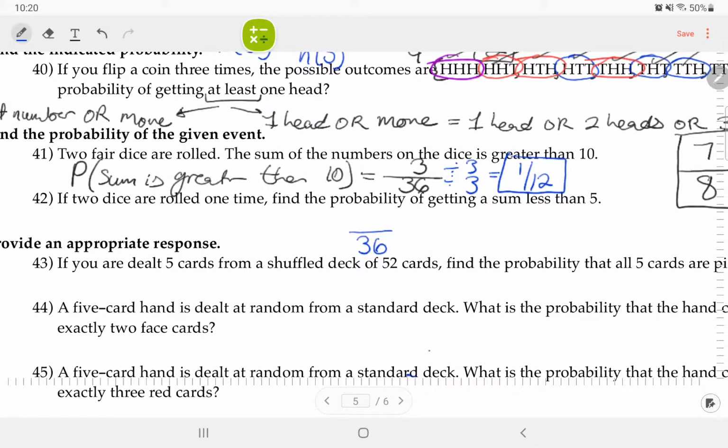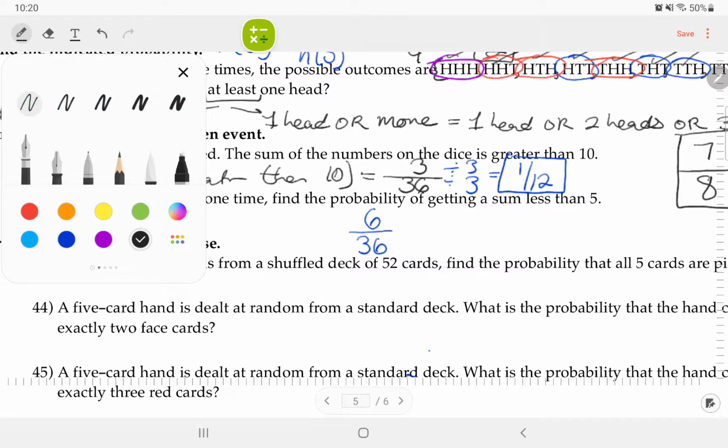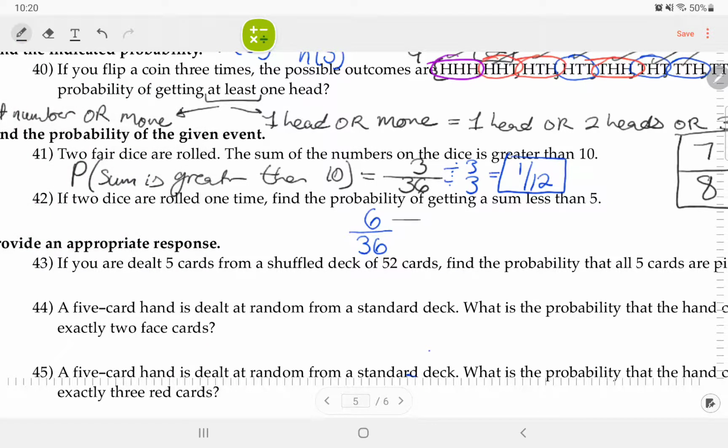So the probability of having a sum less than 5 is 6 out of 36. You can reduce that fraction by dividing the numerator and denominator by 6, and we have 1 over 6.